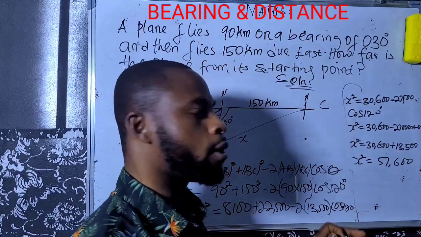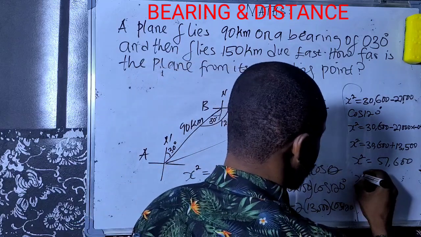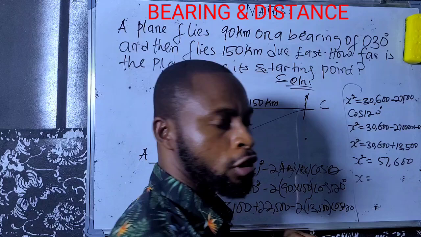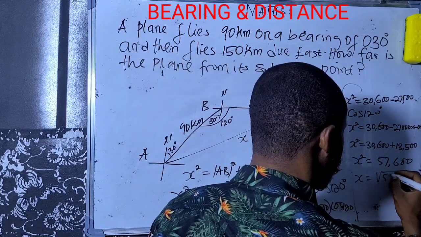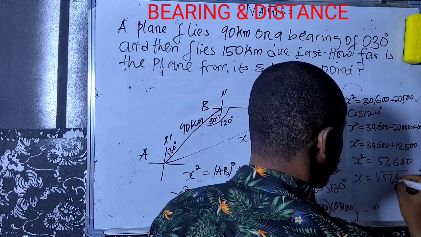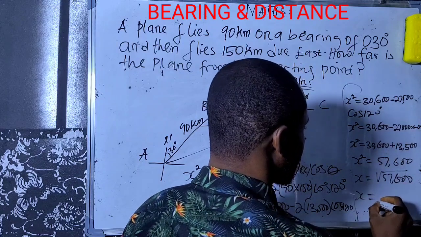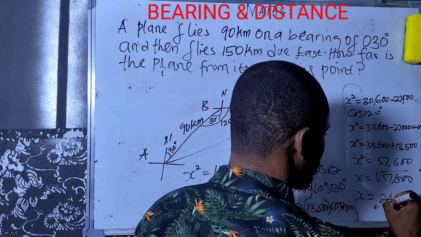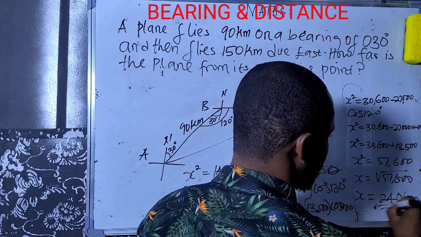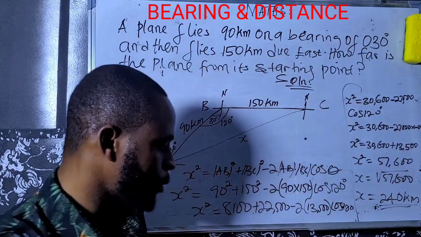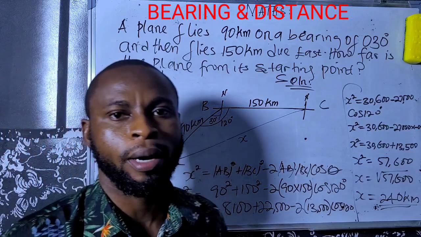Then you take the square root of both sides. We have that x equals, here we consider the positive value of x, the square root of 57,600, and x equals 240 kilometers is the distance x as was required.